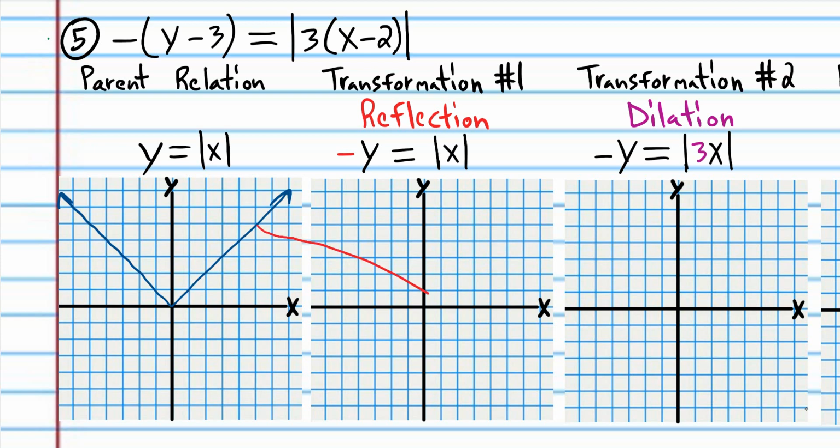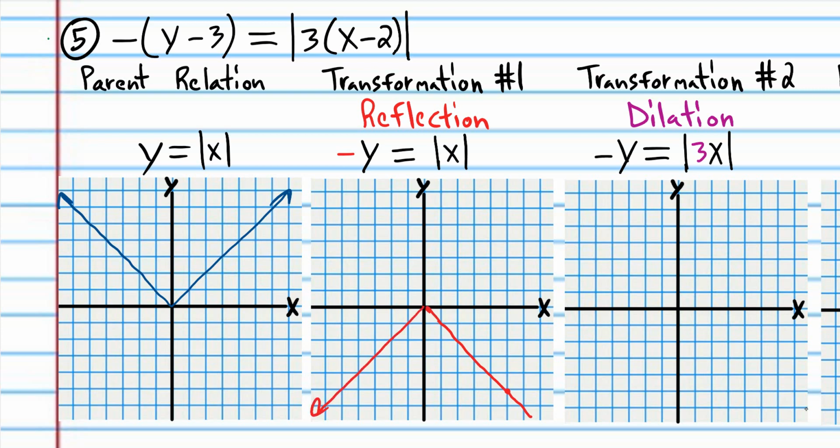So that point goes there. 1, 2, 3, 4, 5. So that needs to go down 1. And the whole graph just flips down.